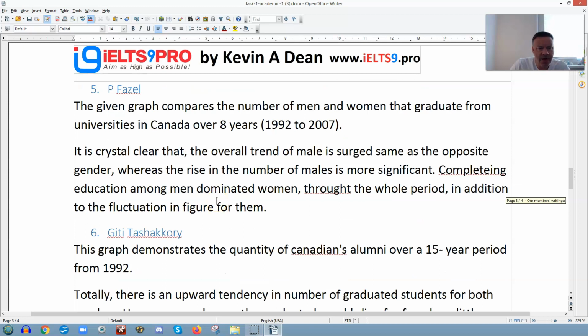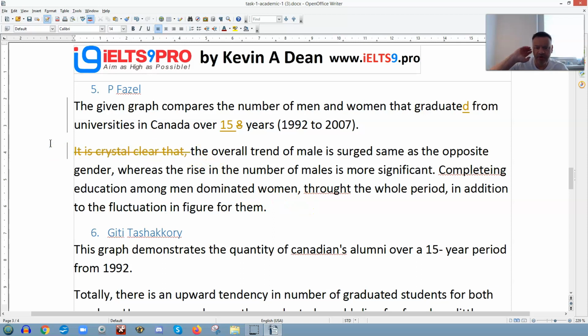The given graph compares the number of men and women that graduated, because obviously in the past, over 8 years. My maths is pretty shaky, but isn't it 15 years? 1992 to 2007. It is crystal clear. Why is it crystal clear? It is clear, or we can see that, or simply just the overall trend.